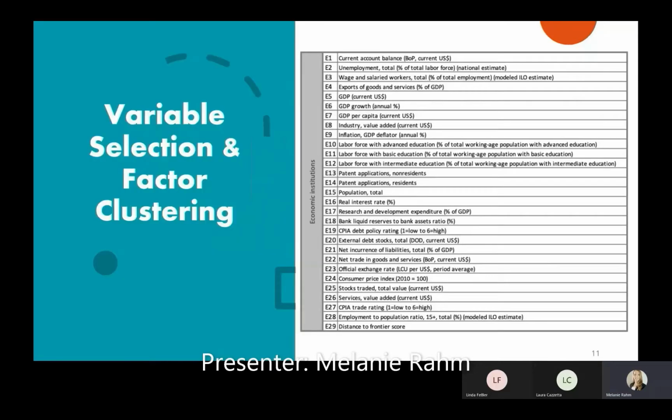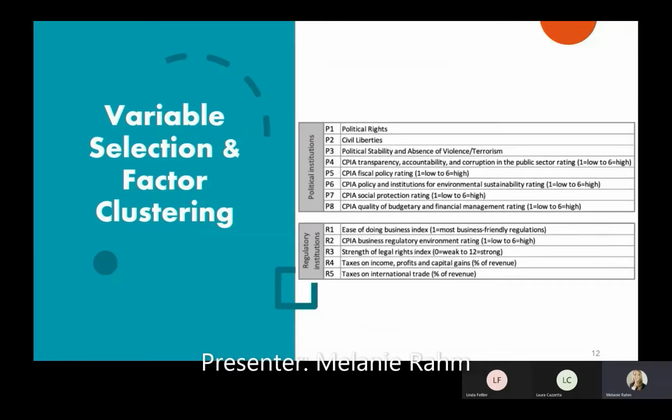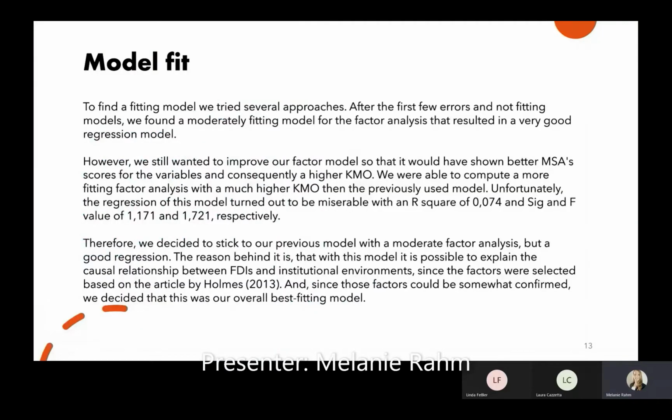And here on the next slides, you can see how we have pre-assigned the variables to the different institutions to create the factors with. For our model, we tried several attempts to find the best fitting model, but we either had a good factor analysis and a bad regression, or the other way around.